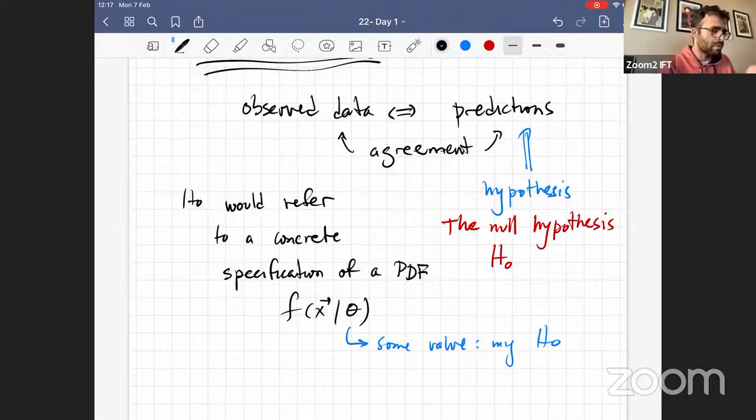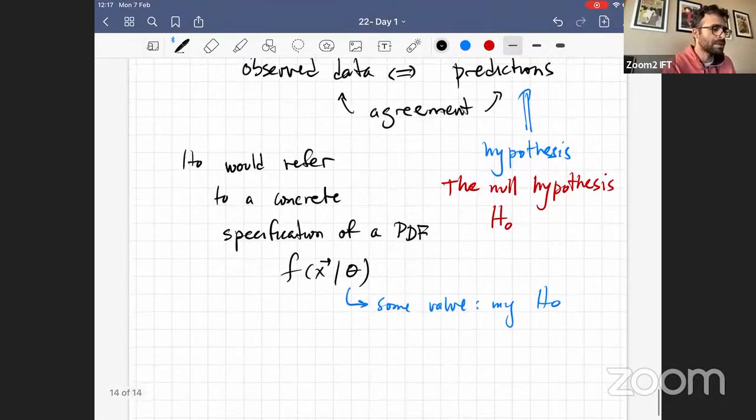Because I'm comparing the two, I will come to that right now. So for example, imagine that this is a Gaussian variable, and my null hypothesis is all the parameters defining the Gaussian variable, okay? Let me put an example and then make the note afterwards.